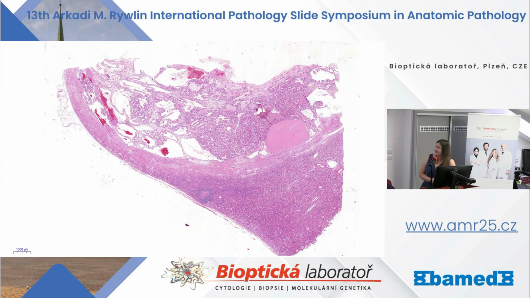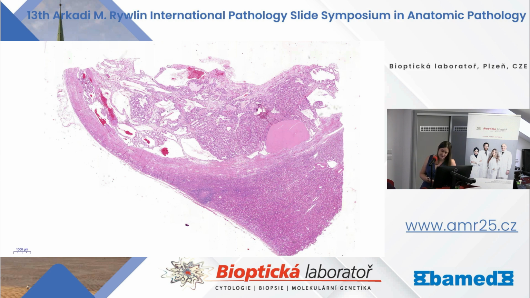Here you can see the overview of the slide. You can see that the tumor is relatively sharply demarcated, and probably in the periphery, I think you can appreciate that there is something which looks like capsule, which is formed from muscular cords.